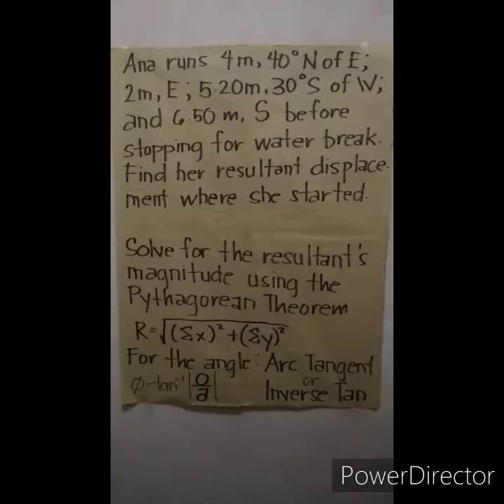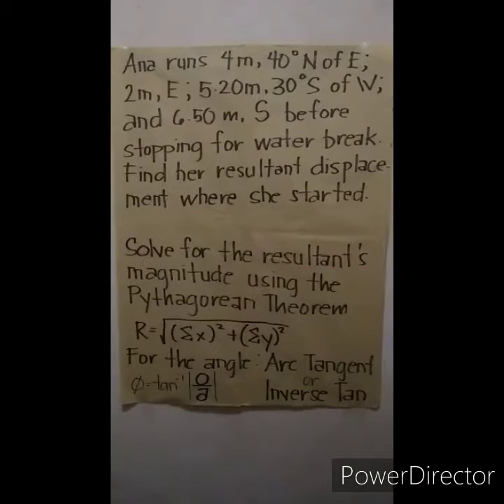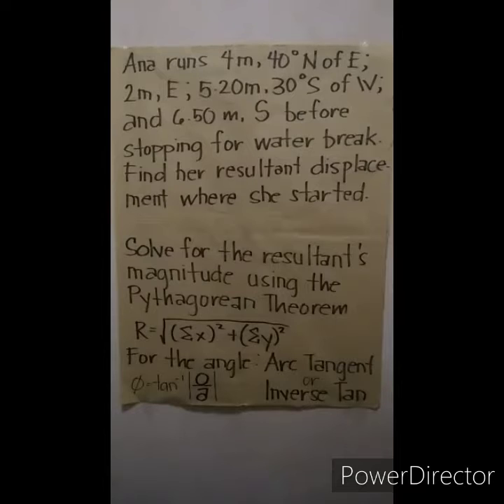Okay, since I happened to give this topic very quickly last week, let me just introduce the problem that we are about to calculate, the vector resultant. Anna runs 4 meters, 40 degrees north of east. That is the first vector. The second vector is 2 meters going to the east.